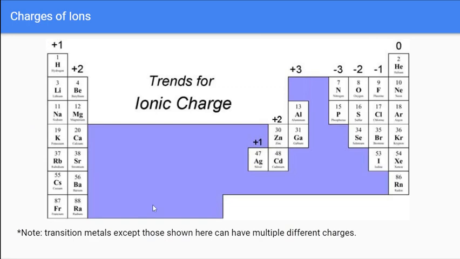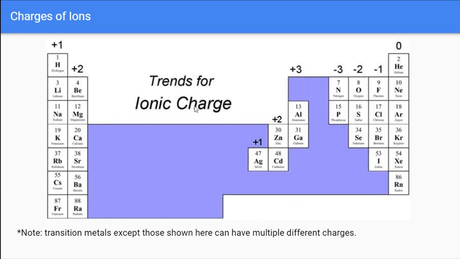Here is a chart to remind you of the charges of ions. The easy ones are groups 1, 2, and then our nonmetals, because they always form ions with the same charge. Group 1 elements will always form ions with a +1 charge. Group 2 elements will always form ions with a +2 charge. Transition metals generally can form multiple types of ions.